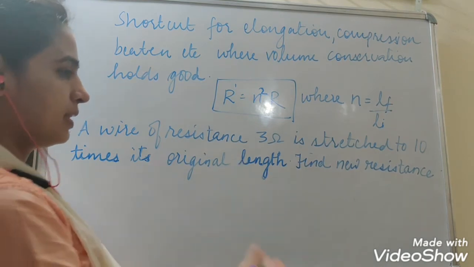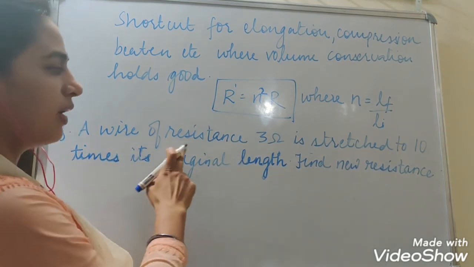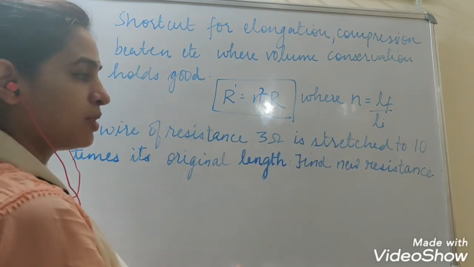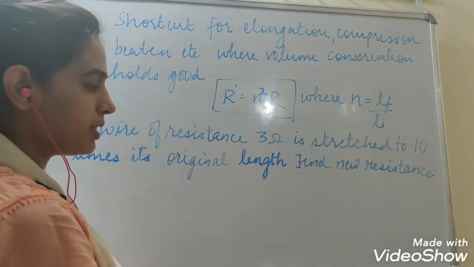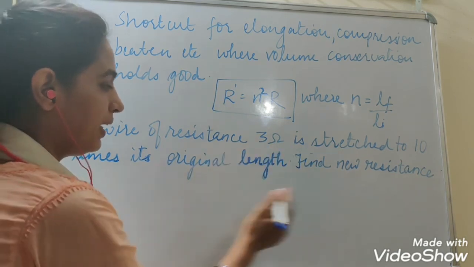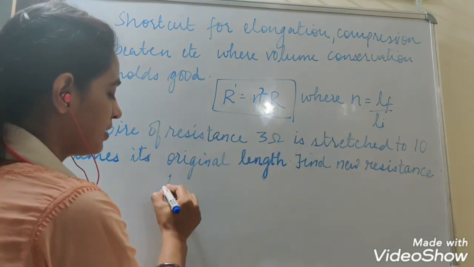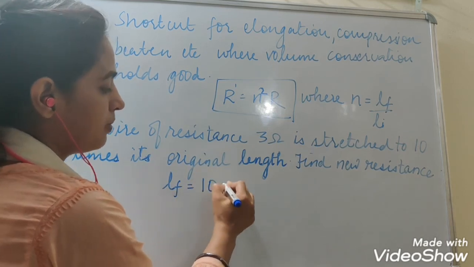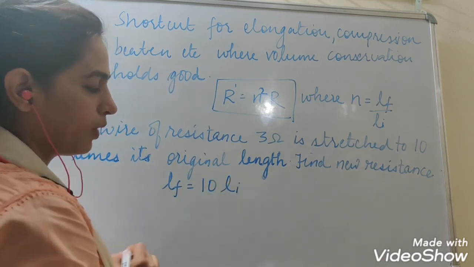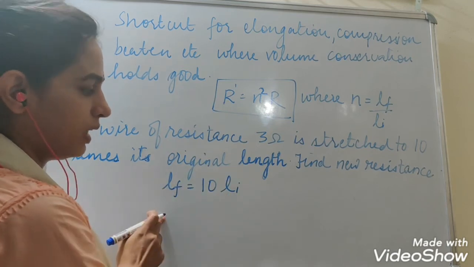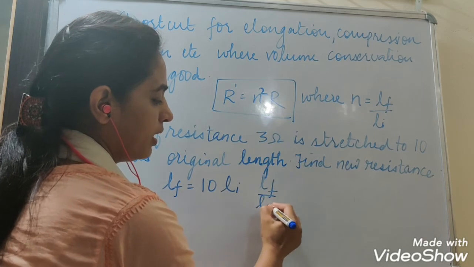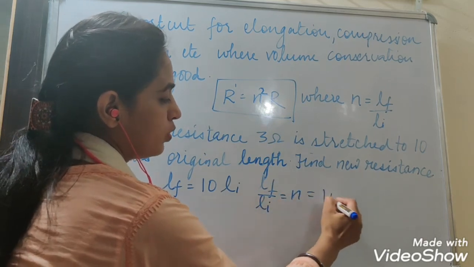Okay, let's take a quick example. A wire of resistance 3 ohm is stretched to 10 times its original length. Find the new resistance. So final length is 10 times its original length, or final length upon initial length, that is N, is equal to 10 over here.